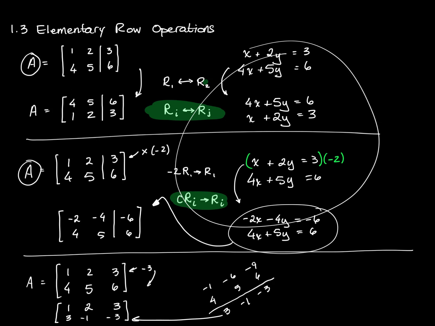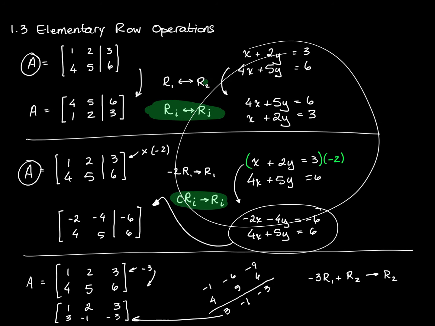I'm going to use the extra space instead, just to say how we annotate this in generic terms. Let me do it the way I did it first. I did -3 times row 1 plus row 2, and I put that in the position of row 2.